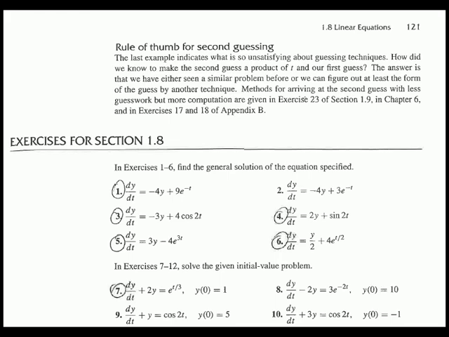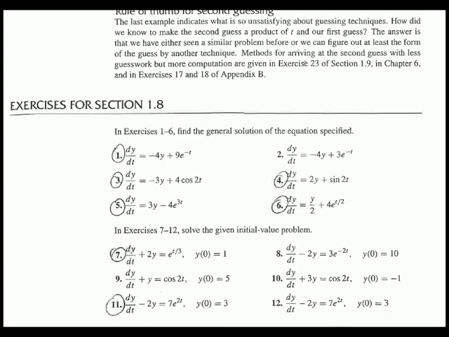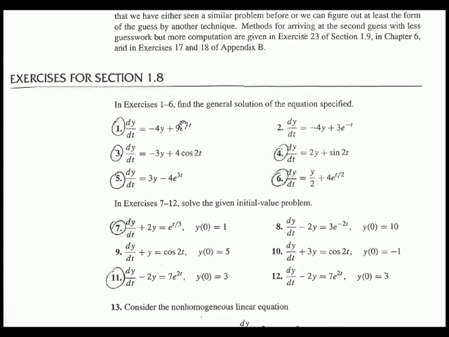So your homework problems are all solving linear first-order differential equations. Some you'll have to multiply by t, like the last example. Some you won't. And in these you get the general solution, so you'll have an arbitrary constant in it.